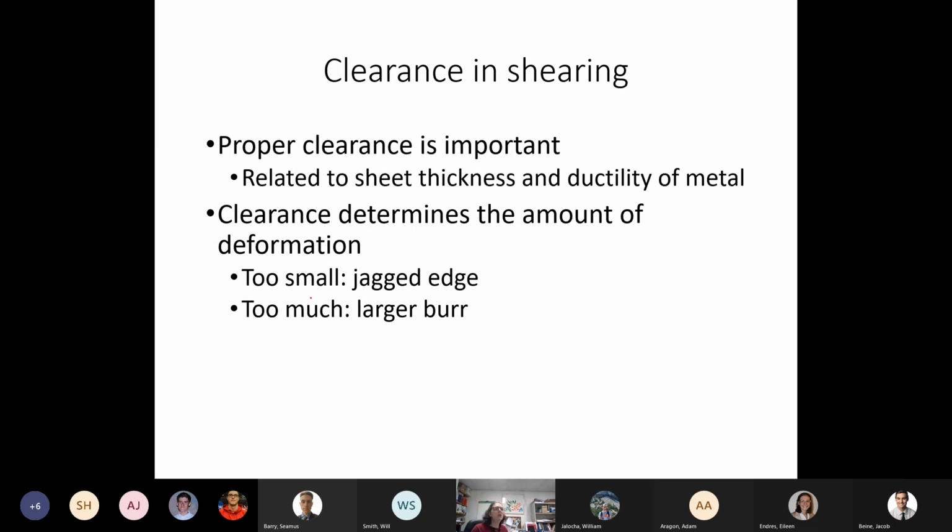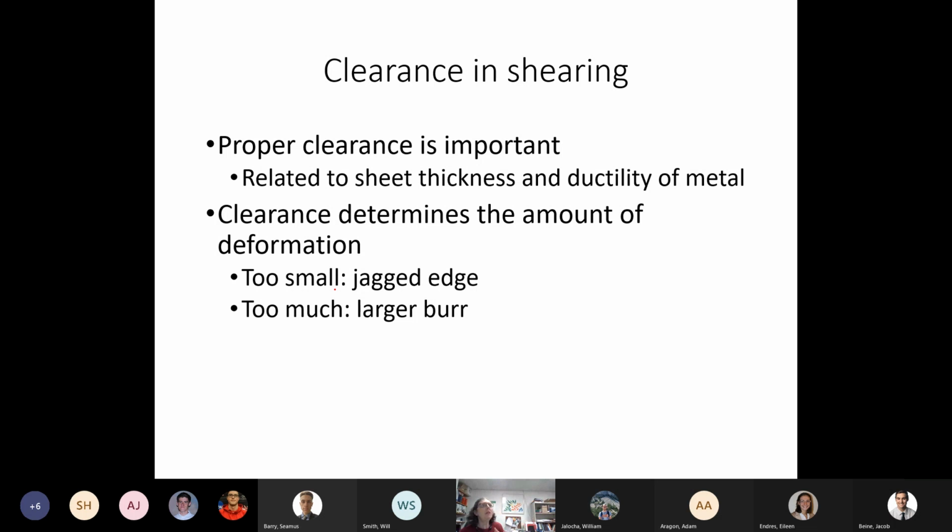If the clearance is too small, then the cracks don't meet, and so you get the jagged edge. If there's too much deformation, you actually end up with a larger burr. So we talked about statistical quality control.